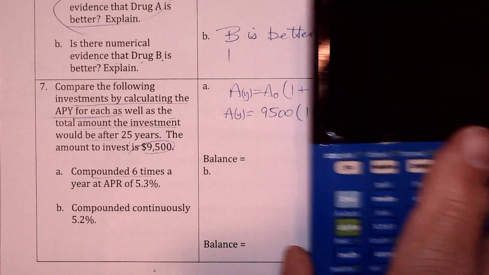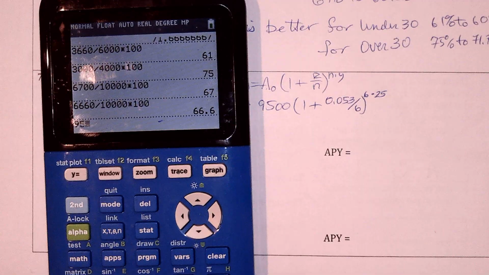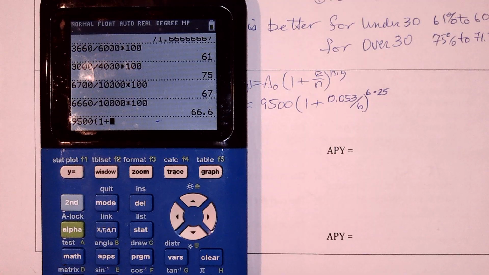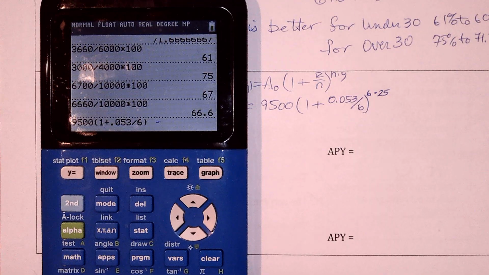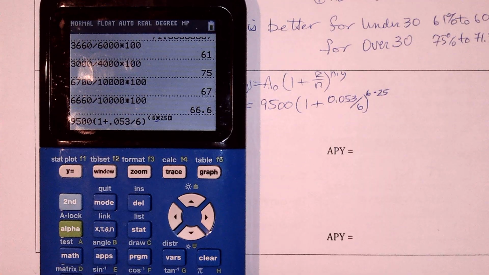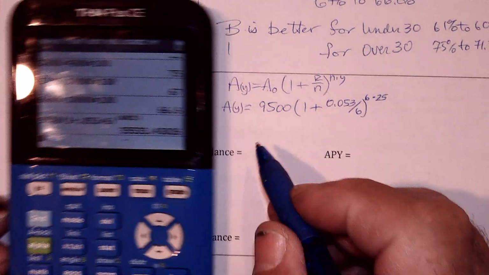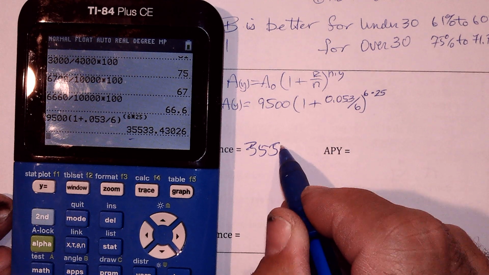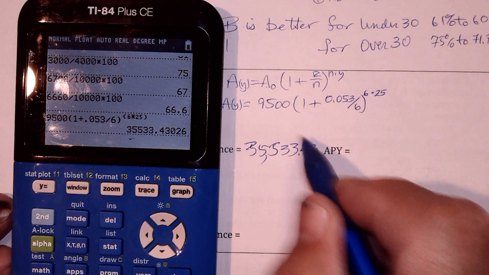So that comes out to be 9,500 parenthesis 1 plus 0.053 divided by 6, close parenthesis, to the parenthesis 6 times 25, close parenthesis, comes out to be the balance of $35,533.43.